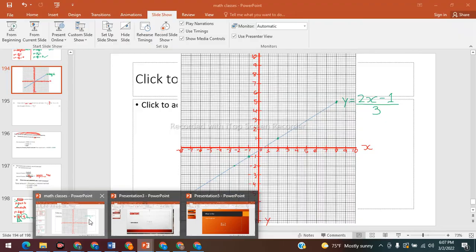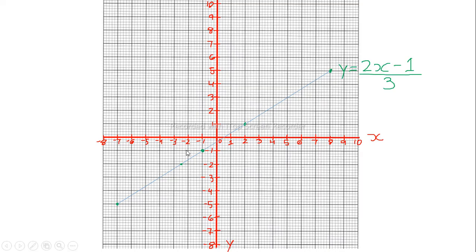So what I was saying is that yesterday we drew the graph of a linear function. And if it's a linear function, its graph is a straight line. The slope tells us how steep the line is, and it also tells us orientation, whether the line is ascending or descending.